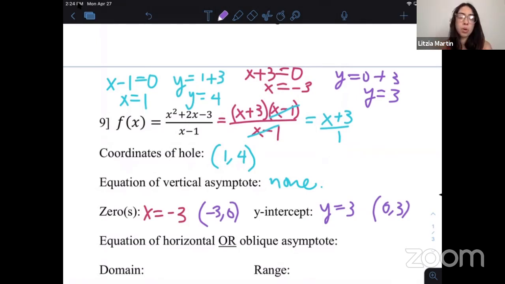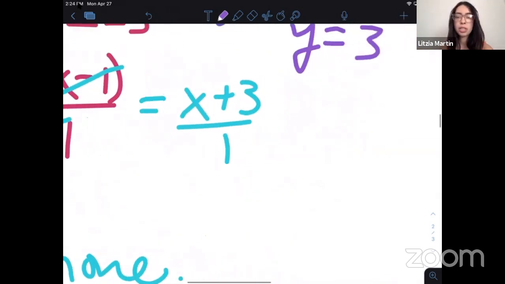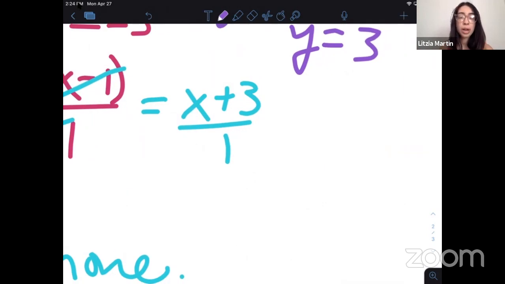For the horizontal or oblique asymptote, technically this is a top-heavy function, because even when you cancel out the hole, you're left with x plus 3 divided by 1, where you have the highest degree up top because x is a degree of 1 up here, whereas down here it's x to the 0 power technically.